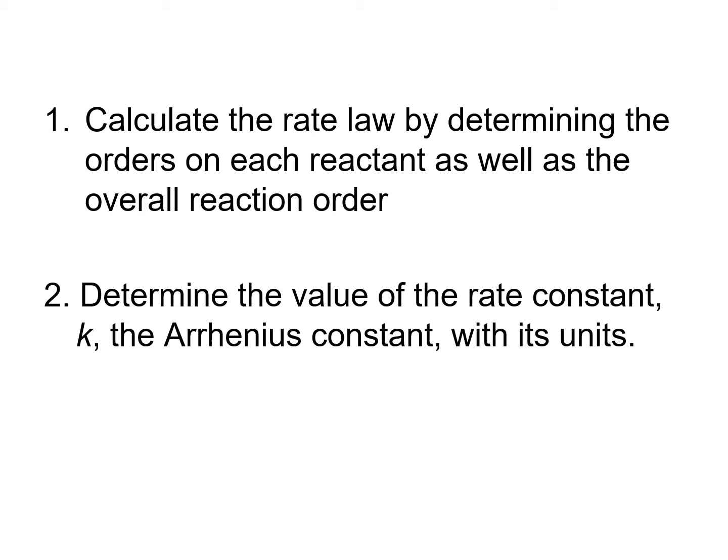So we're going to calculate the rate law by determining the orders on each reactant as well as the overall reaction order. The order of each reactant is that exponent, right? So each one has an order of reaction, and then determine the value of the rate constant, which is the most common way it's called, but it's also the Arrhenius constant. The units on that constant can be complex, so we'll focus on that today.